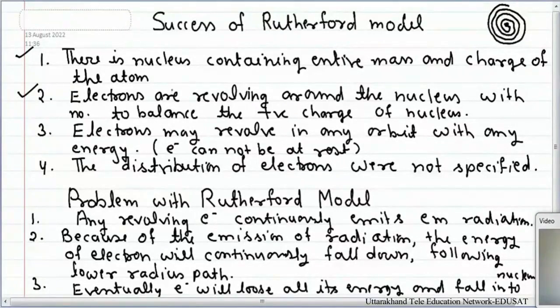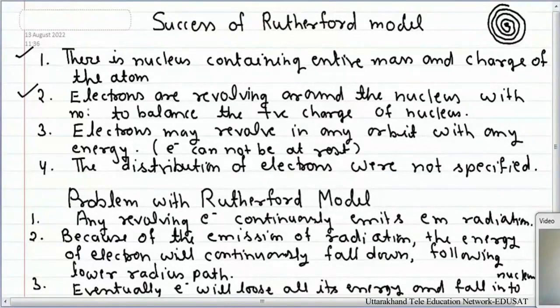It was able to explain the concept of a central nucleus and revolving electron, then the neutrality of the atom, and it was able to successfully explain the scattering phenomena, why some alpha particles are scattered at a small angle, and why some alpha particles scatter at a larger angle.